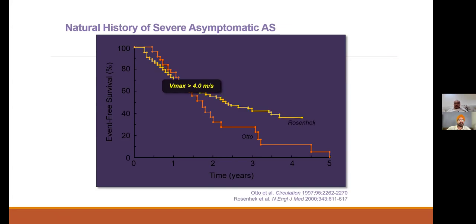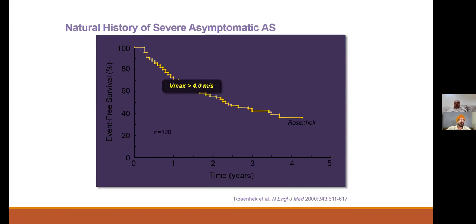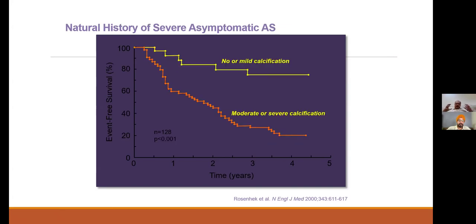The same thing was duplicated by Rosenhek, by Pellikka, and by Stewart. Rosenhek was a little more detailed because they also analyzed calcification of the aortic valve. If the calcification of the aortic valve was moderate or severe, then survival was even worse.